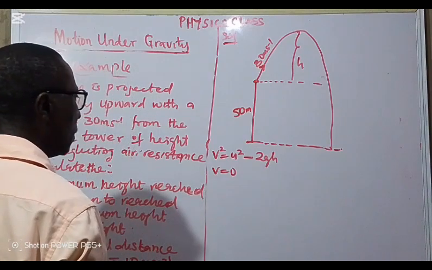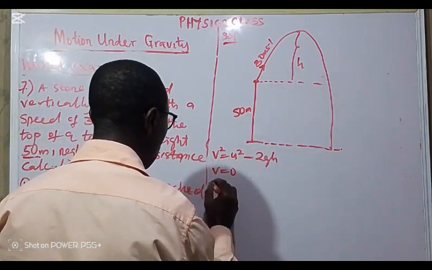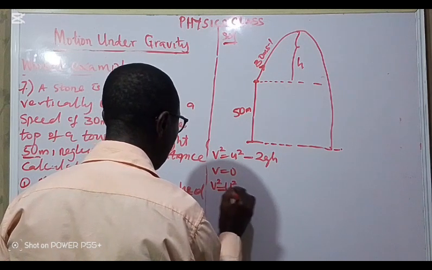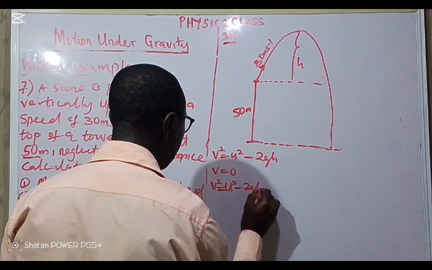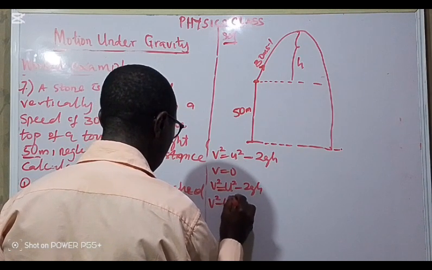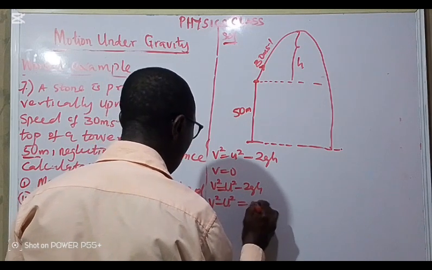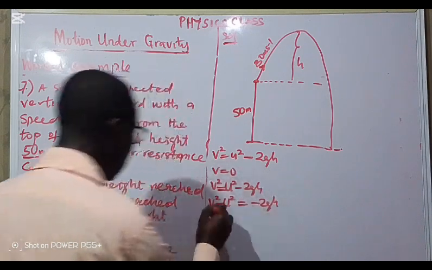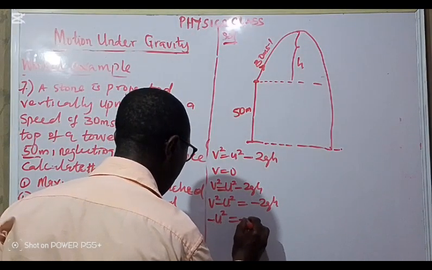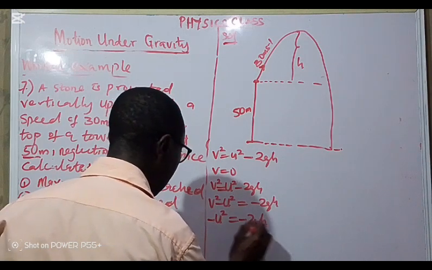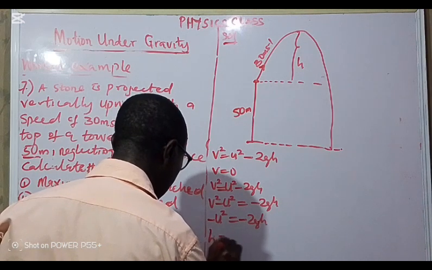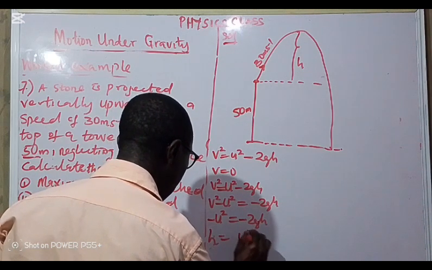So v squared minus u squared, equal to minus 2gh. This one is 0. Then we have minus u squared is equal to minus 2gh. Minus cancels minus, so h is equal to u squared over 2g.